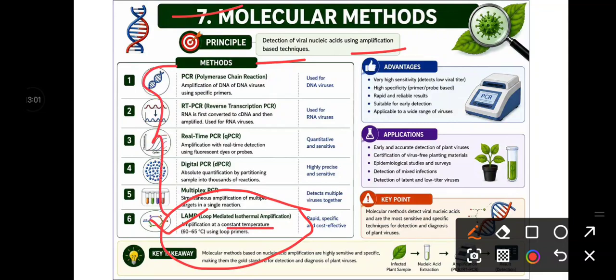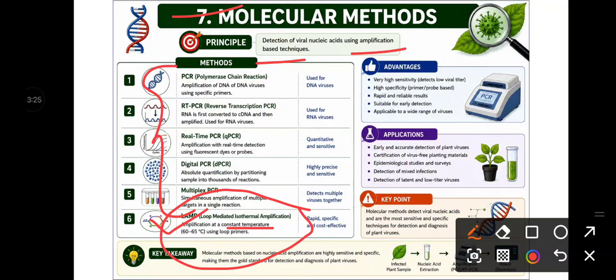But in PCR, if you know something about PCR, you know that various steps are there and all the steps are performed at different temperatures. First, the denaturation will occur at 94 degrees Celsius, then annealing at 50 to 54 degrees Celsius or 52 degrees Celsius, then the extension step, which will occur at 72 degrees Celsius.